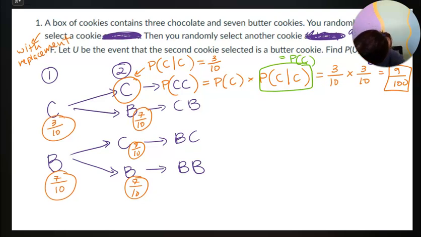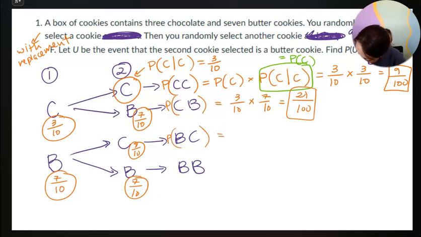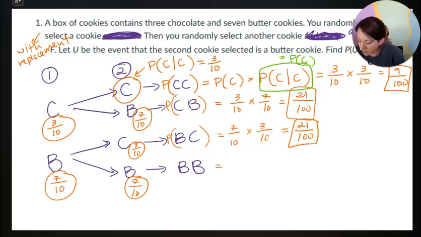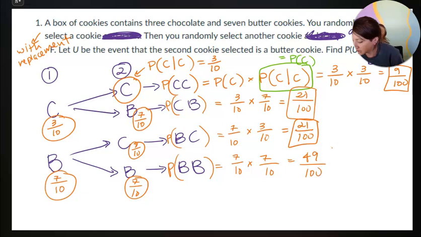So the probability of chocolate butter would be 3 out of 10 times 7 out of 10, so 21 out of 100. The probability of butter chocolate would be 7 out of 10 times 3 out of 10. And then this last one, butter butter, would be 7 out of 10 times 7 out of 10, so 49 out of 100. And again, all those should add up to 1.